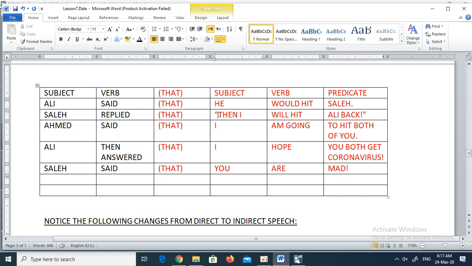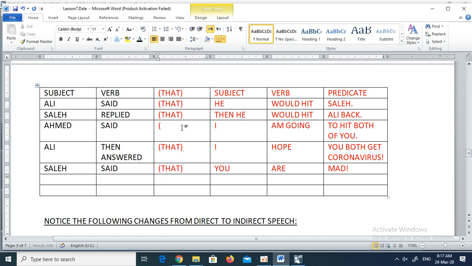And because it is no longer direct speech, the inverted commas will fall away. And because Ziad is now speaking, not Sally, the subject changes. The verb changes to put it further into the past. And the last bit remains the same. Sally replied that then he would hit Ali back.